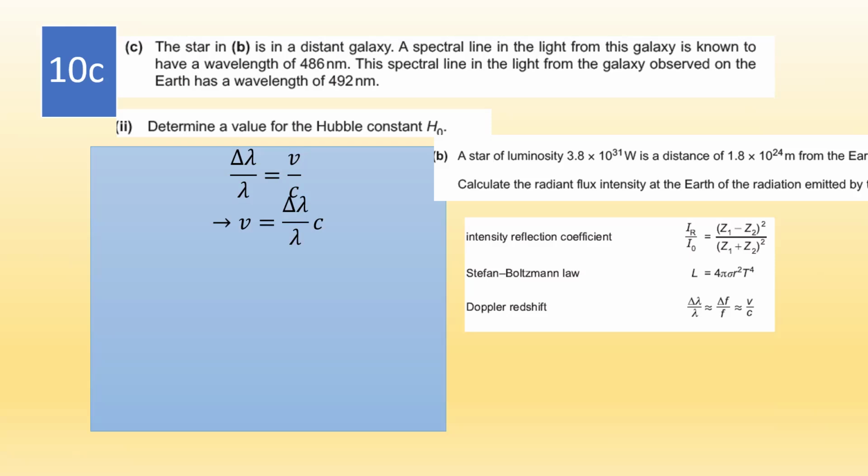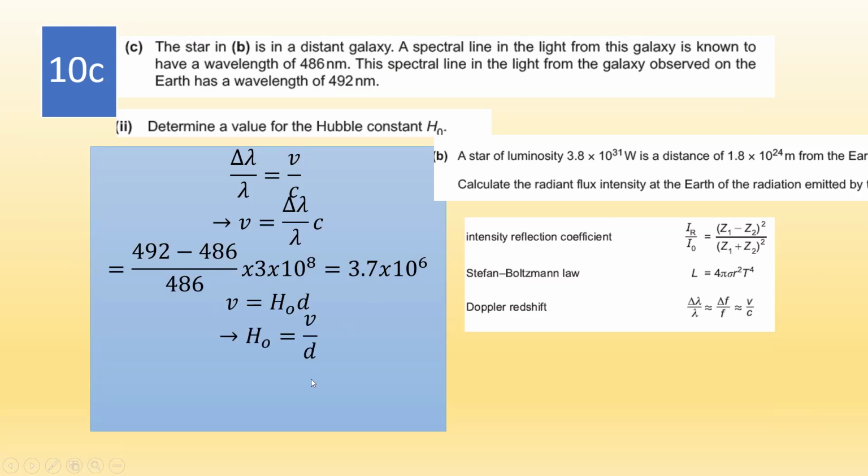Just multiply and put in your value: 492 minus 486 divided by 486 times the speed of light. You get this, and use Hubble's law to get H naught. Okay. Any comment? Okay, then we carry on.